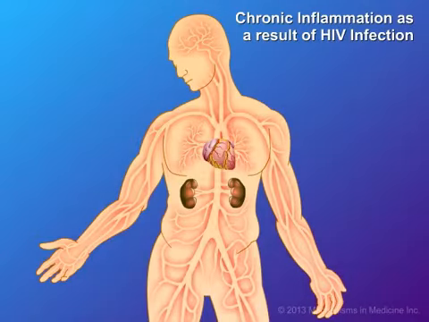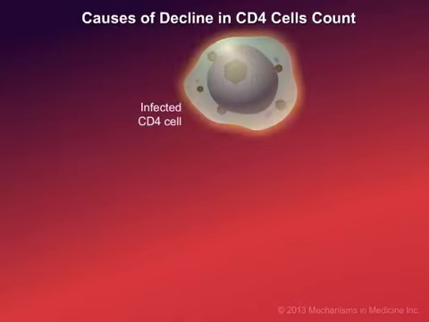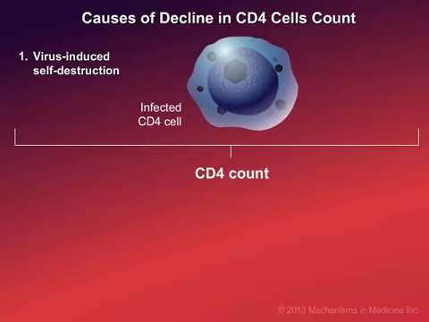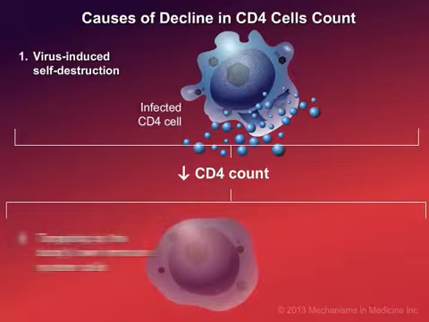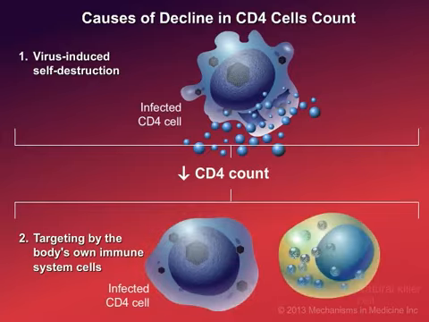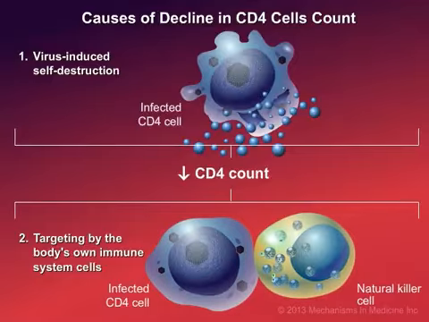HIV infection also triggers the immune system response, which results in chronic inflammation in the body. It is likely that the reduction of CD4 cells is caused by virus-induced self-destruction, as well as targeting by the body's own immune system cells.